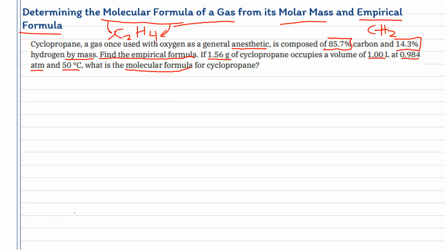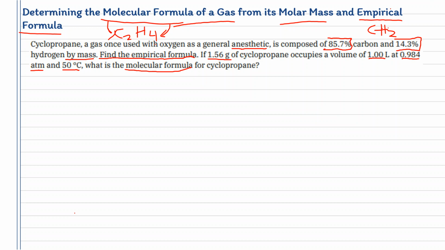To be able to do that, we want to pay attention to the information they give us. Remember, I told you the empirical formula just gives you the simplest whole number ratio of the constituent elements involved in giving you that compound.